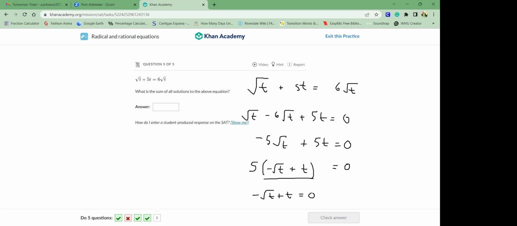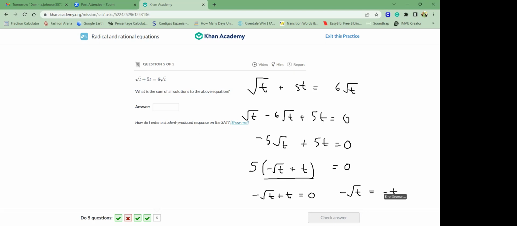So we subtracted the 6 root t. Negative 5 root t plus 5t is 0. We factor out a 5. So this part has to equal 0. Okay, so then we know that negative root t equals negative t, right?